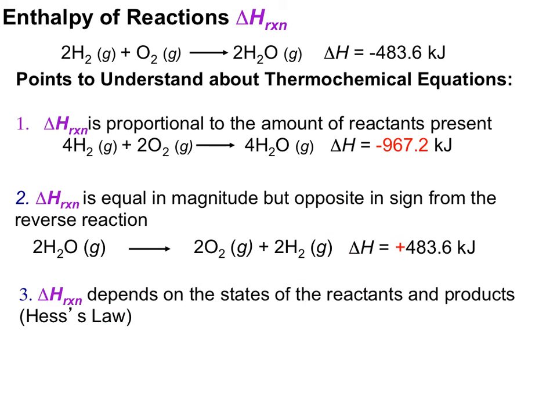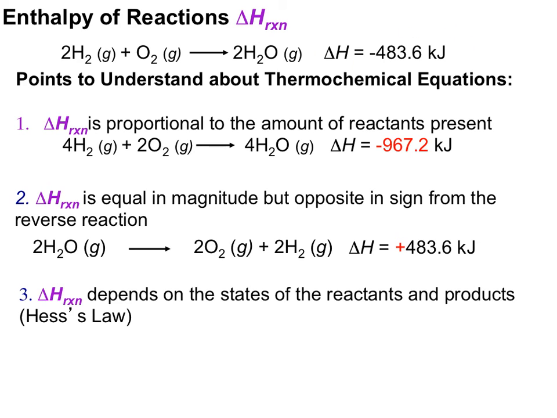So now that we've looked at enthalpy of reactions with respect to thermochemical equations, there's a few other things that we need to understand about thermochemical equations. If we look at this reaction here, notice we're combining H2 and O2 to give us H2O, and that gives us a specific enthalpy value.